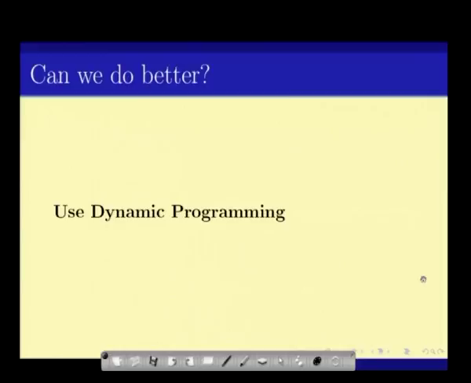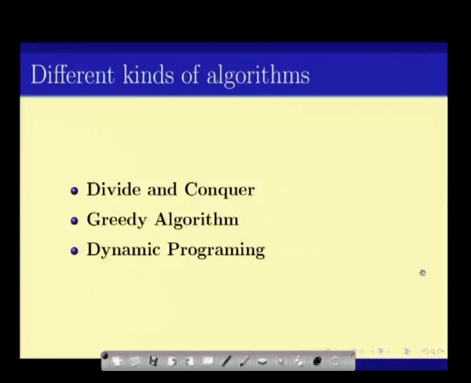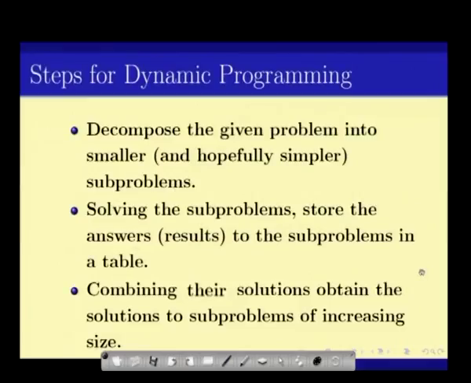Using dynamic programming. Just to quickly recap, dynamic programming is just like two other techniques of algorithms that we have seen, divide and conquer and greedy algorithm. In dynamic programming, the idea is to divide the problem into smaller subproblems. This is something we do also in the case of a recursive algorithm, but then we will solve the subproblems and save them in a table, so that we do not have to recompute them again and again, and then we combine all the solutions to obtain the answer.